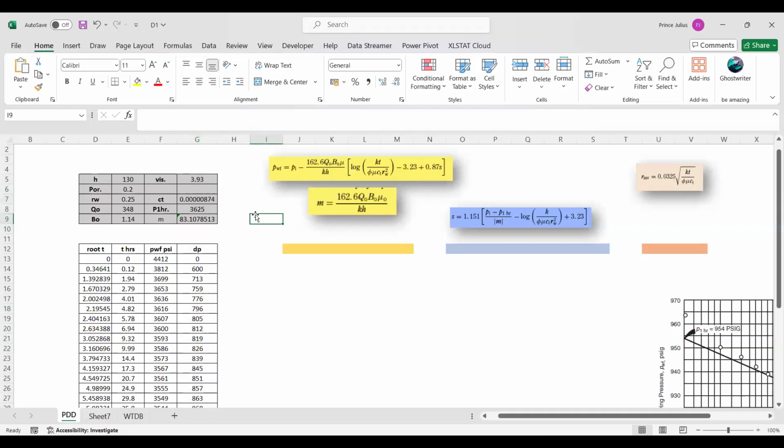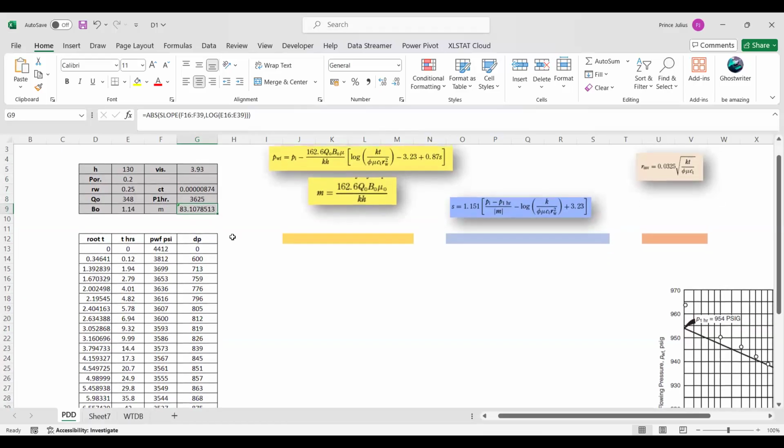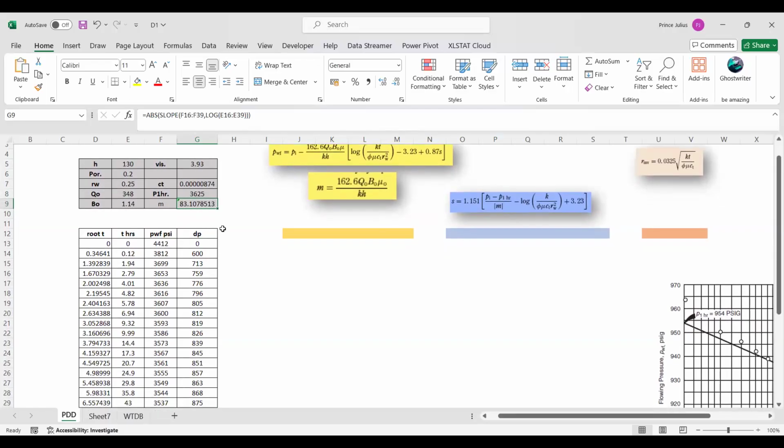And for initial pressure, there is a little change, 3670. Why? Because when I was estimating, I got a slightly different value, but anyway, I will show you how to estimate this value. Then the value of m: with the earlier data I got it, but I will repeat it once again so that you understand how to get the values.